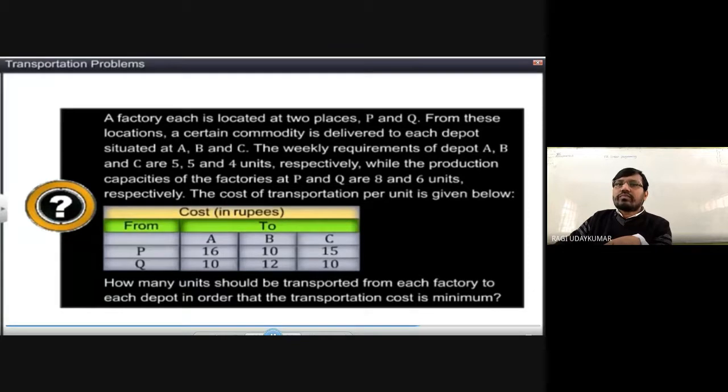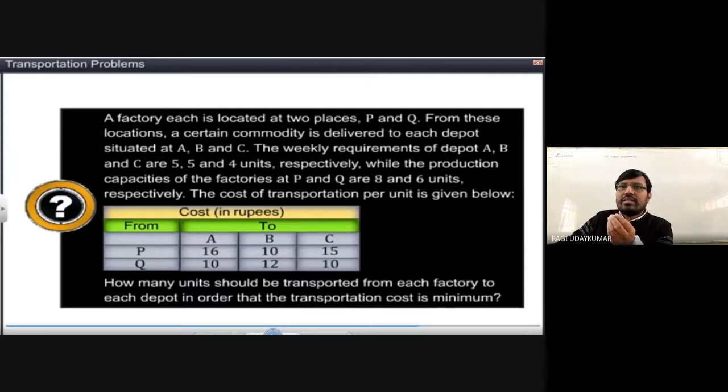A factory is located in two places, P and Q. From these locations, a certain commodity is delivered to each depot situated at A, B, C. The weekly requirements of the depots A, B, C are 5, 5, 4 units.